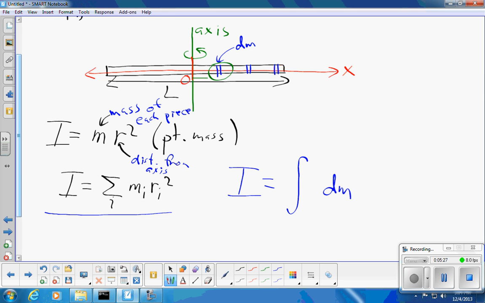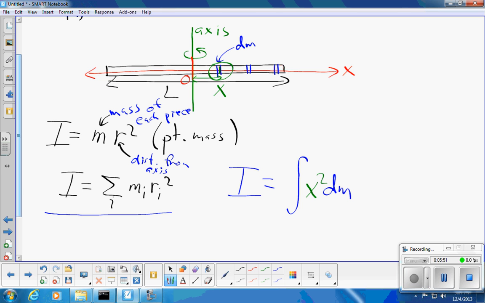Well, it's just this far, and that is its value on the x-axis. It's the x position on the x-axis. So basically, r becomes x. The distance of each piece from the origin is x, because that's where I put the origin of my coordinate system. So r squared becomes x squared.